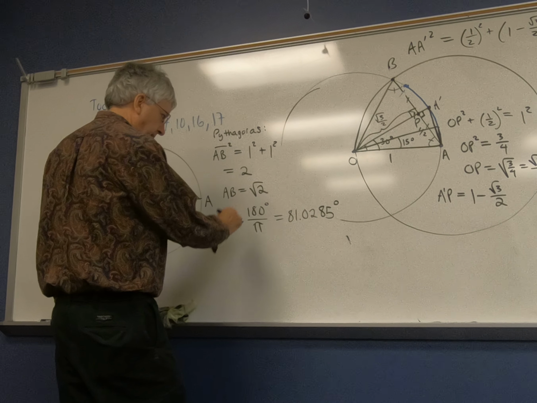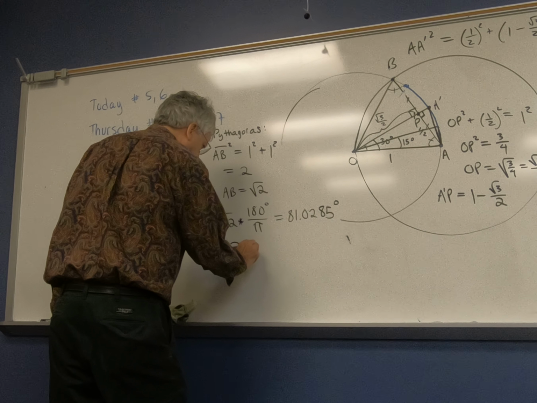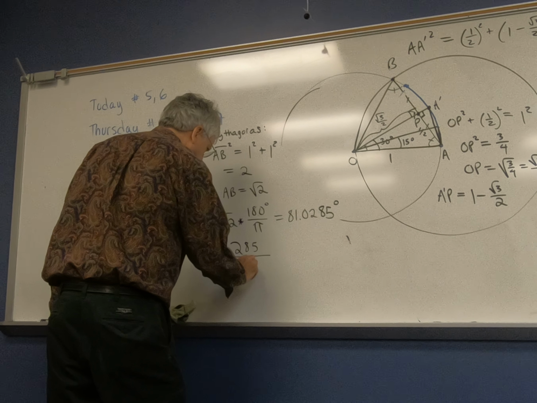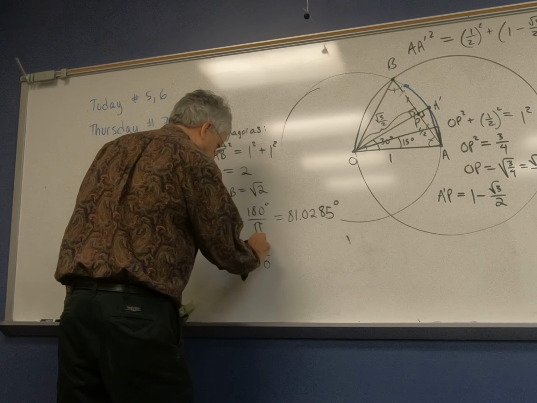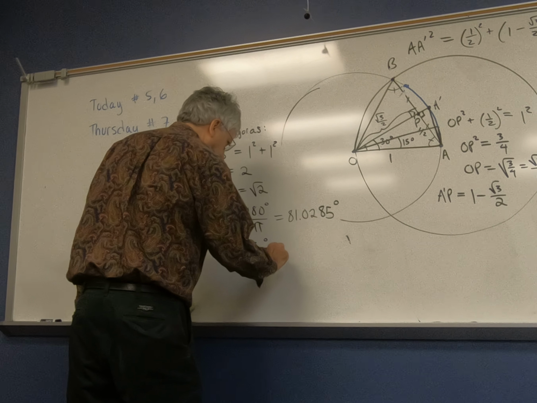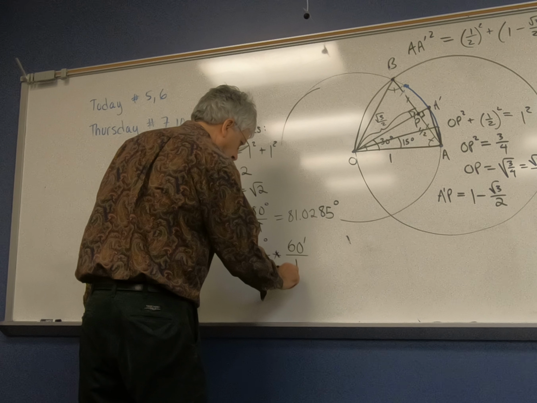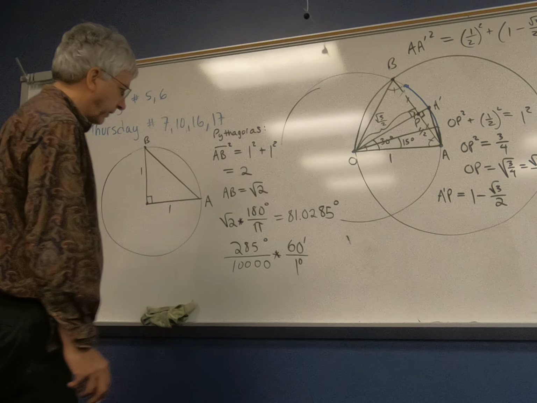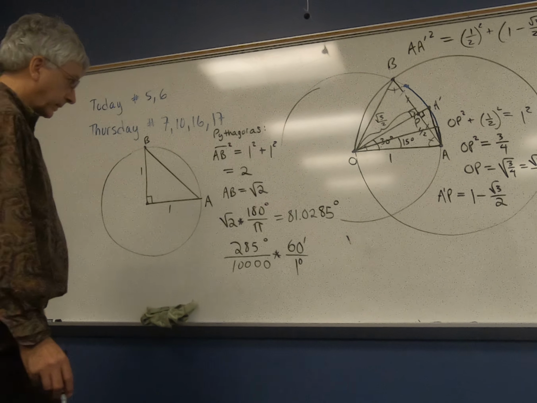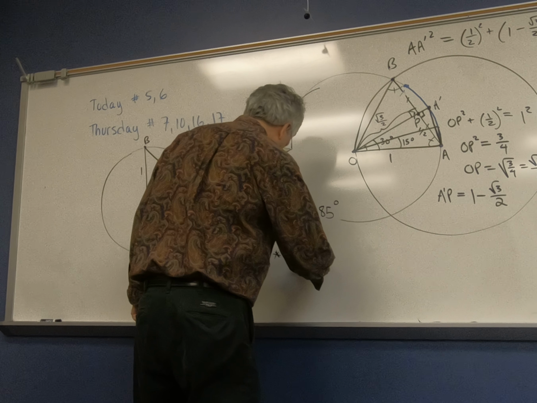So I want to say, okay, well, that's 285 10,000ths, and that's degrees. I'm going to convert that to minutes by multiplying by 60 minutes per degree. That's the conversion factor from degrees to minutes. And what do I get?